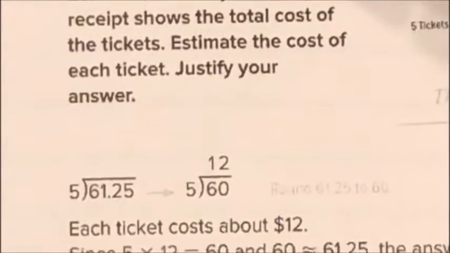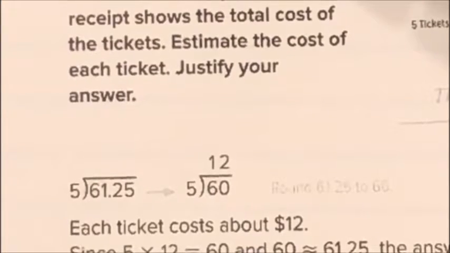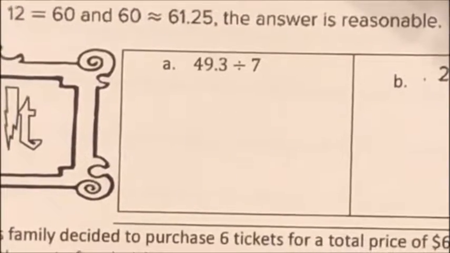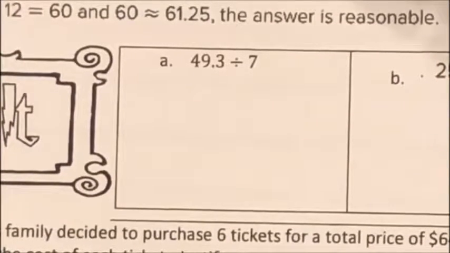So when I do that, I take 60 divided by 5, and that gives me 12. So each ticket costs about $12. Okay. Now below there are 3 try-it problems. Go ahead, pause the video, try out the try-it problems, and when you're done, unpause the video, and we'll go over the answers together.